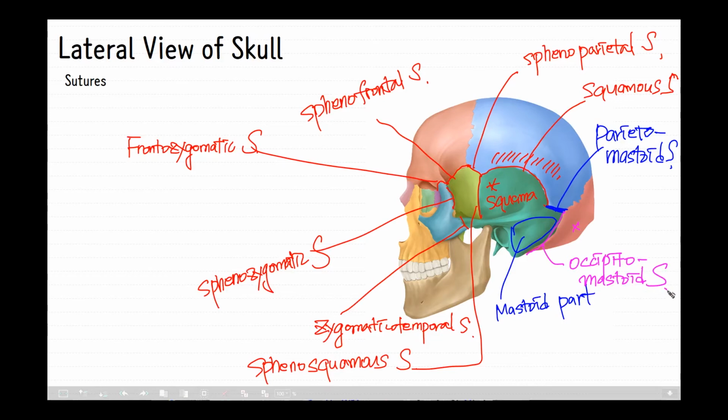So we have talked about the 9 sutures, but to speak strictly, there are more sutures, such as the coronal suture or lambdoid suture. And other sutures are located inside of the orbit.